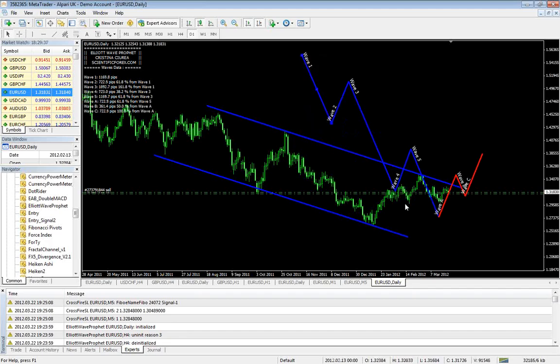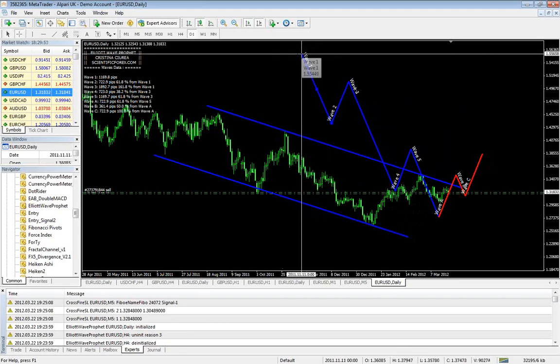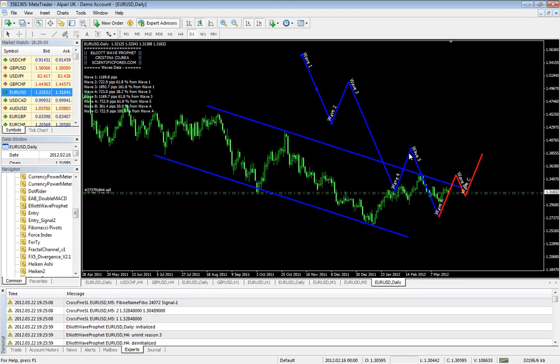Yes, 1, 2, 3, 4, 5, 6, 7, 8. Wave A, B, C. And as you see, wave 5 by default should be lower than the low point of wave 2. But since the market sometimes is not perfect, it could. This is why I made it so you can readjust that. It's much easier to readjust that and see what could be the expected price movement.